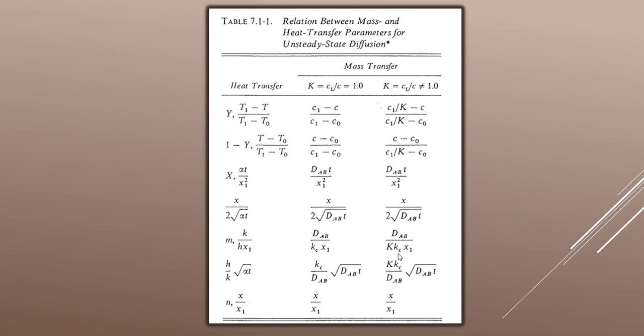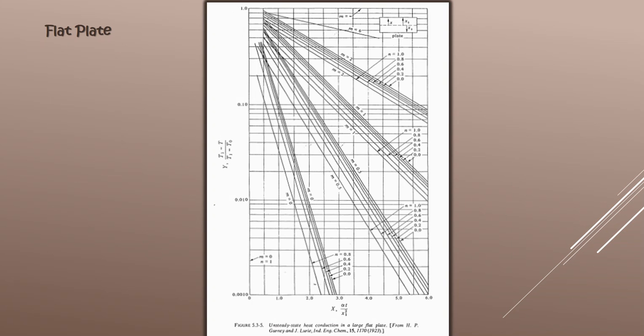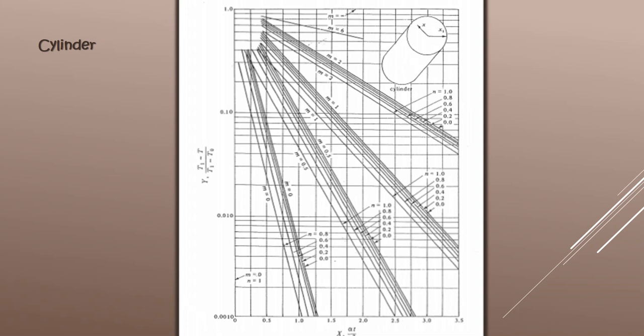And before we can do that, we need to identify the equilibrium distribution coefficient, and that's your capital letter K. In the middle column here, that is only for K equal to 1.0, and in the last column, we have for K values other than 1 specifically. So we need to go back to our problem and check whether the K value that we have is 1 or other than 1.